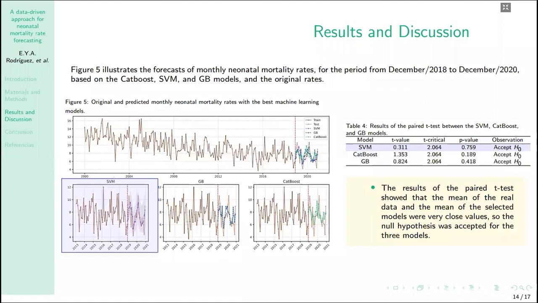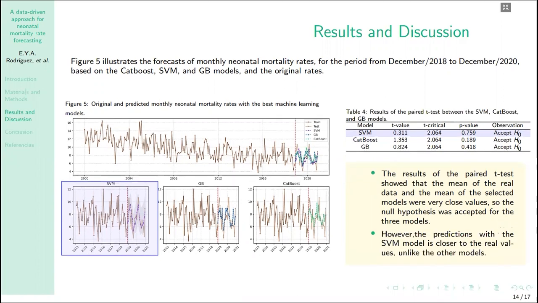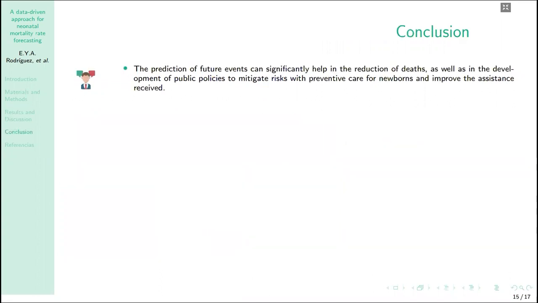The results of the paired test show that the mean of the real data and the mean of the selected models were very close values, so the null hypothesis was accepted for the three models. However, the predictions of the support vector machine model are closer to the real values, unlike the other models.